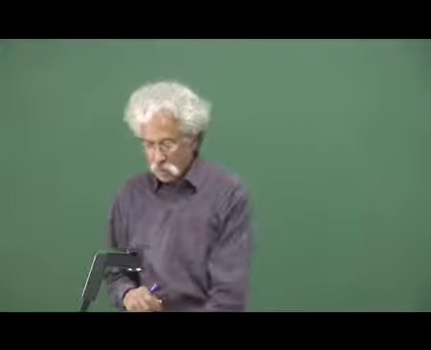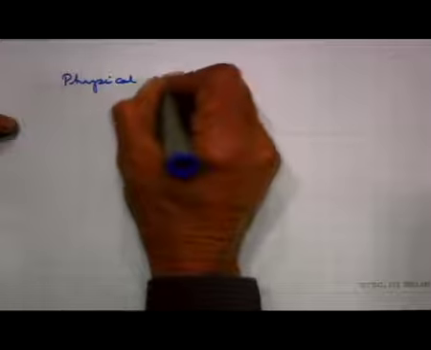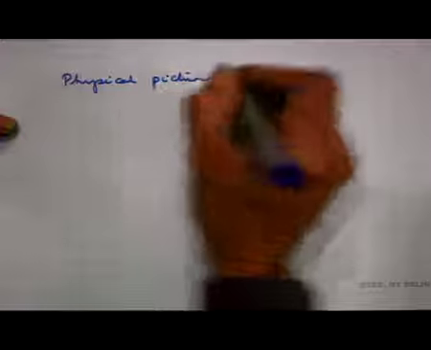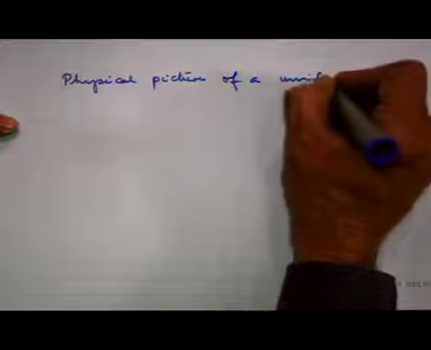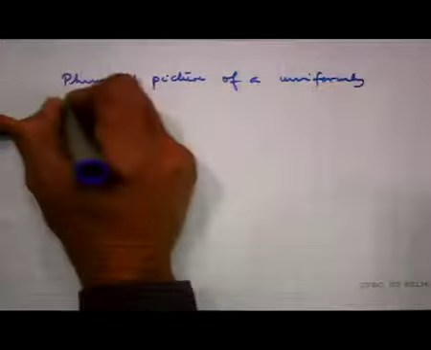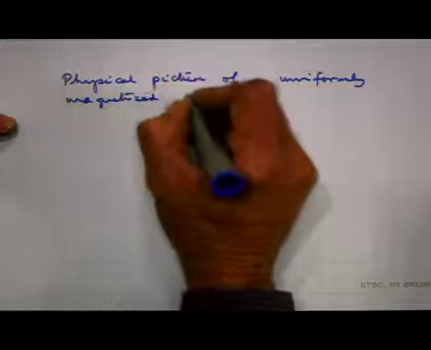Now, I want to look at the physical interpretation of this magnetization. So, what is the physical picture of a uniformly magnetized medium?